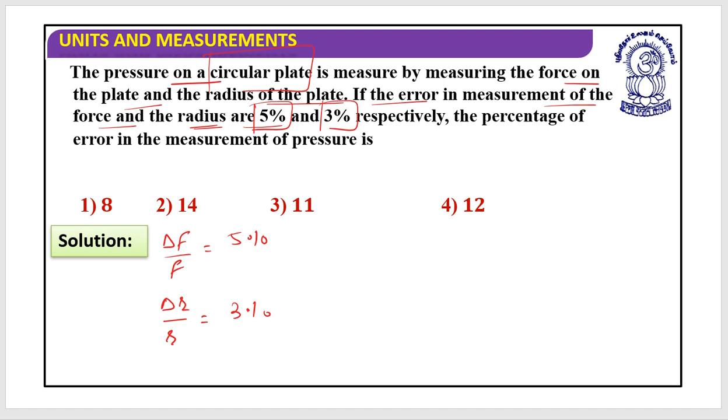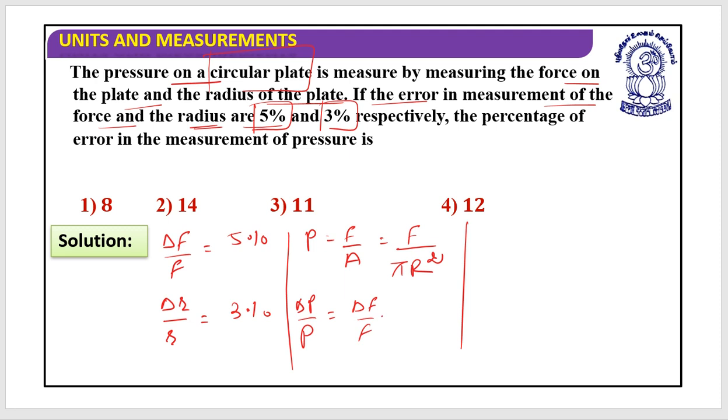What is the percentage error in the measurement of pressure? So how can you solve this? Pressure is equal to force by area, and for area I write force by pi r square. So delta P by P is delta F by F plus twice of delta R by R.